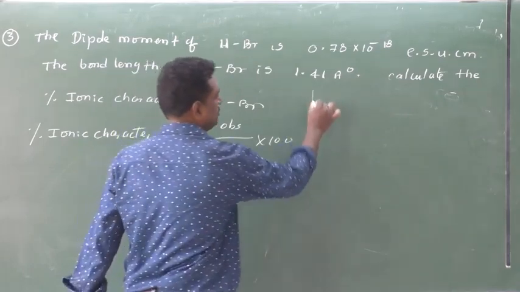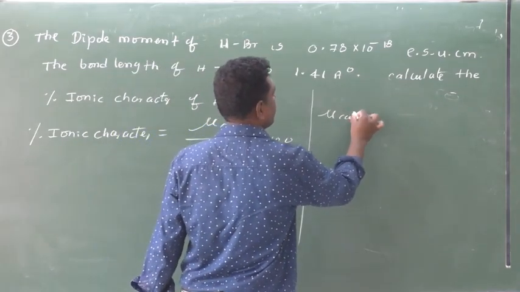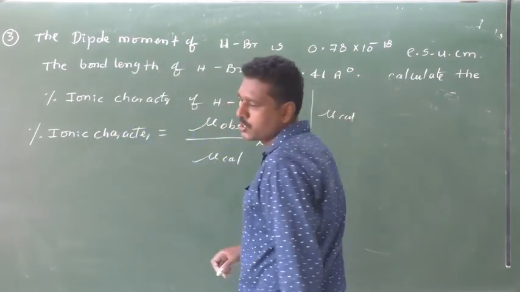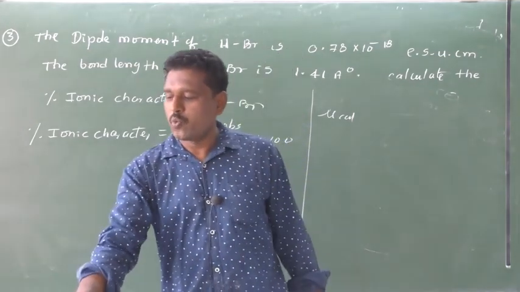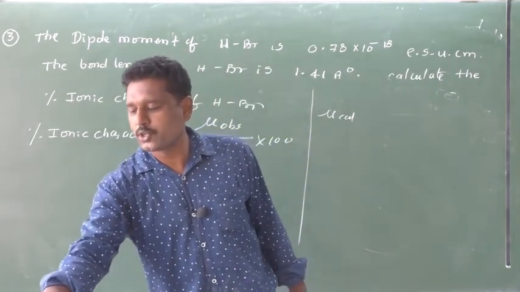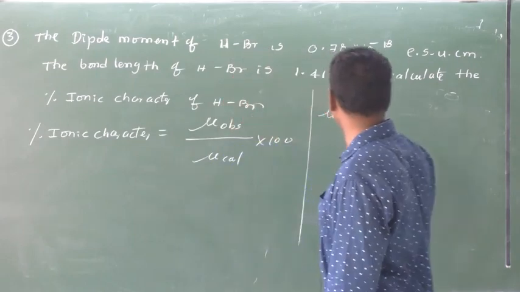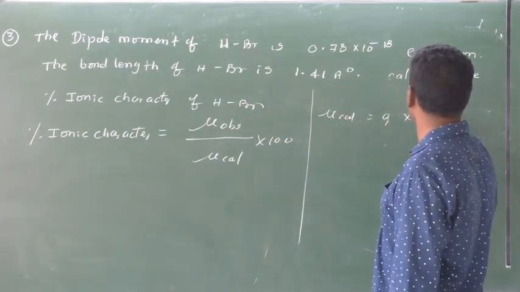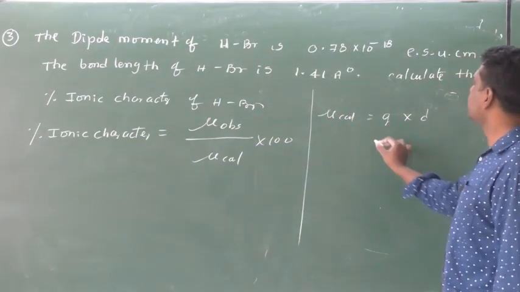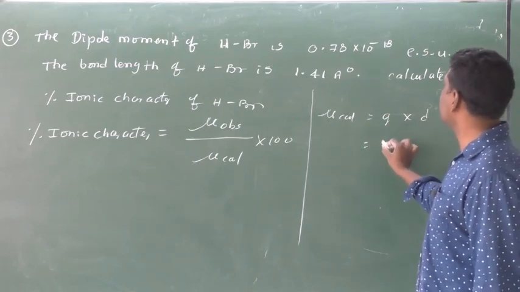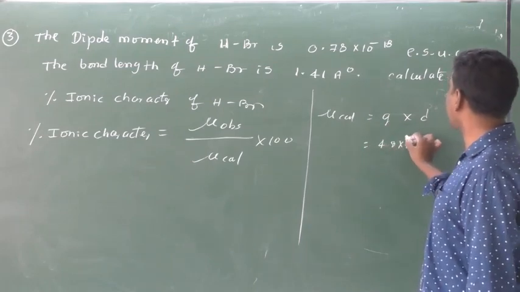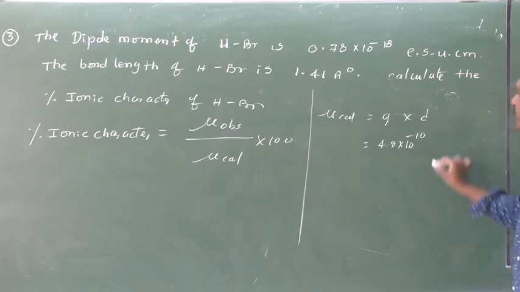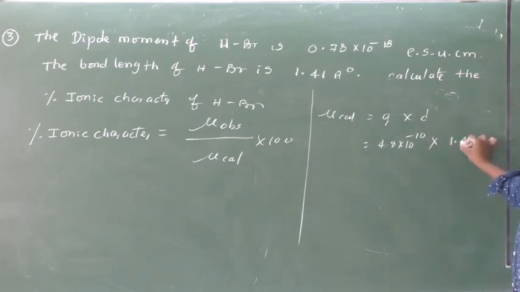So mu calculated is equal to Q into D, charge into distance. Q is not given in ESU, so it is 4.8 into 10 power minus 10 ESU. After that, D, the distance, is 1.41 into 10 power minus 8 centimeters.